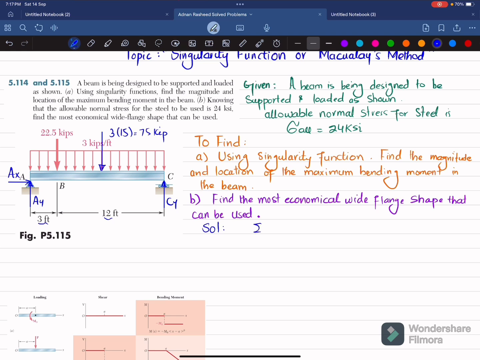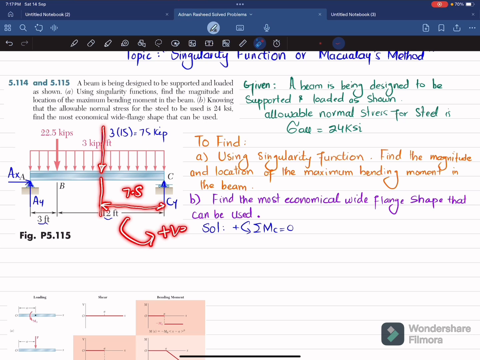So we will apply the equation of equilibrium that the sum of all moments about point C is equal to 0, taking the counterclockwise moment as positive. So at this point C, the first moment is this 75, and the perpendicular distance is half of 15, which is 7.5, and this is producing counterclockwise moment, so it will be positive.